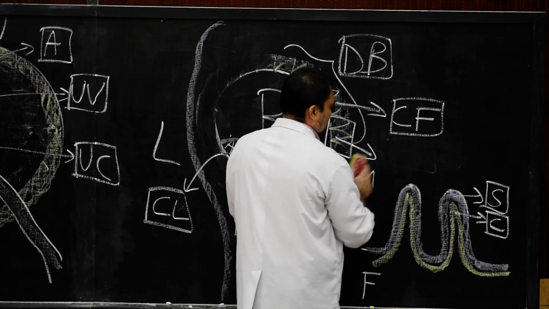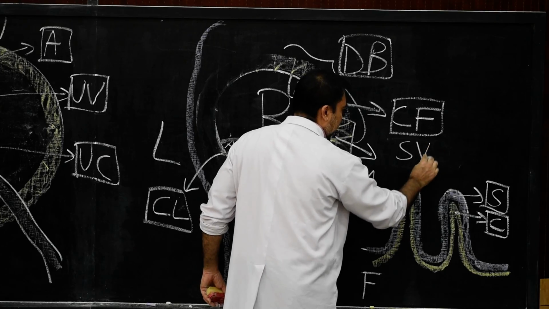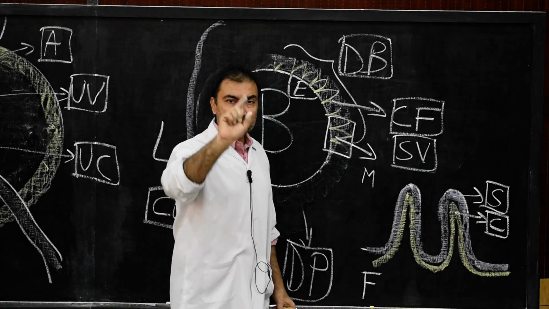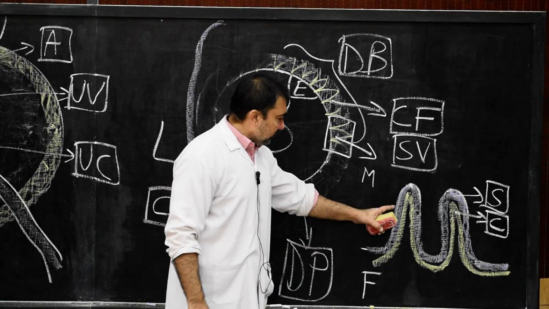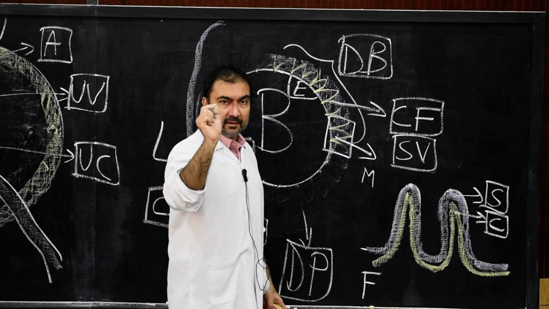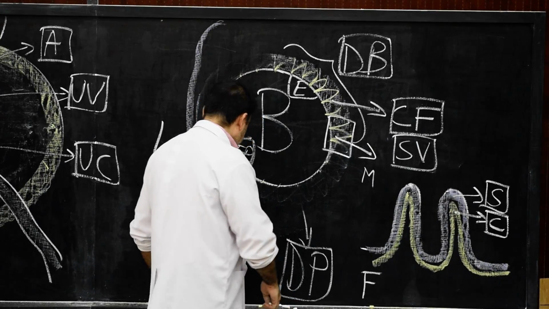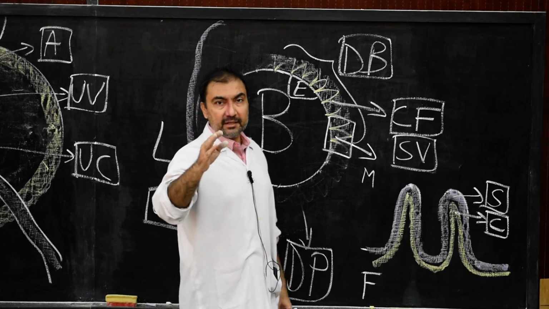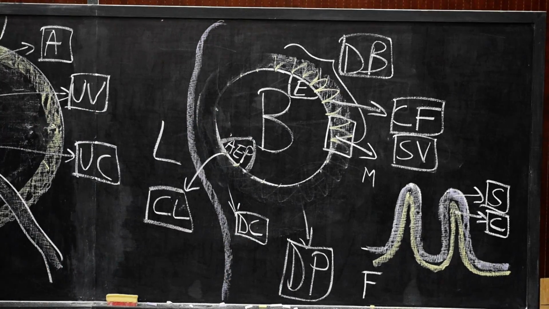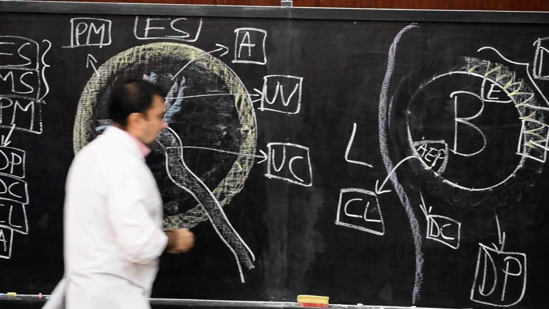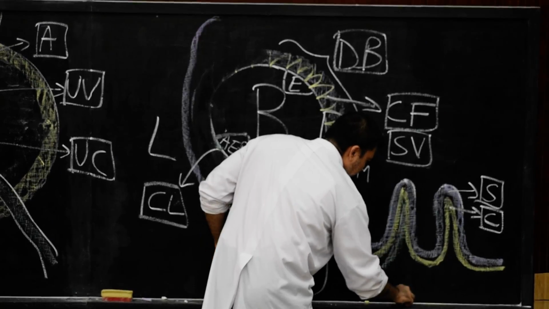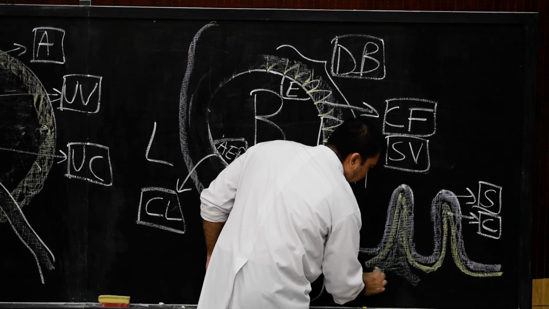So here I will write secondary villi. And in secondary villi, one layer is added. Within this primary villi, within the cytotrophoblast and syncytiotrophoblast, there is addition of one layer, and that layer will be the primary mesoderm. Here we will add green color, and this will represent the secondary villi stage.